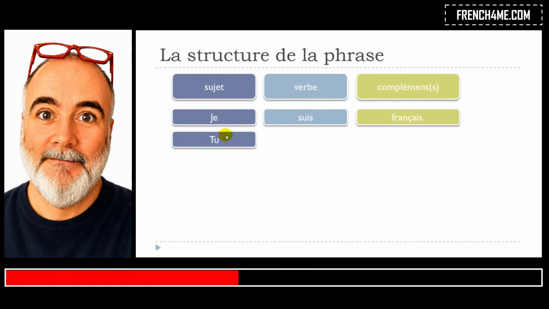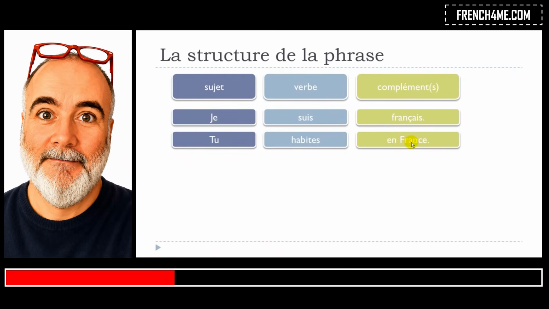And then a second example, tu habites en France. Okay, tu, it's you, habite, the verb is habiter, and then you conjugate it here. Habiter is to live. En France, in France. Okay, so you can see that in that case it's what we call complément de lieu.